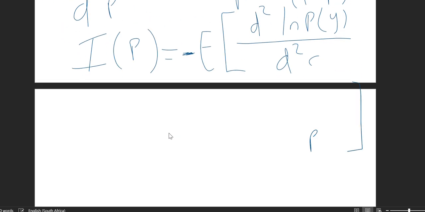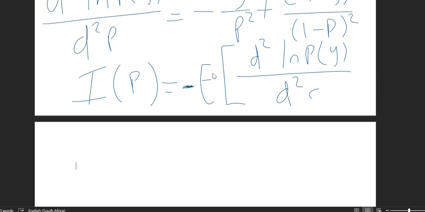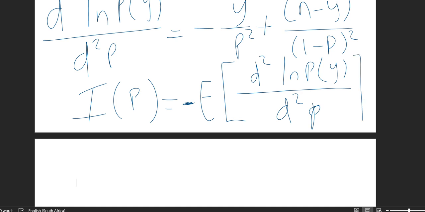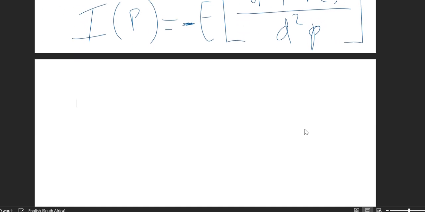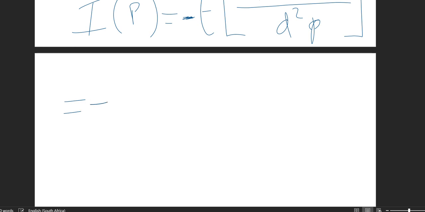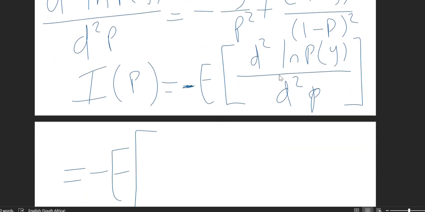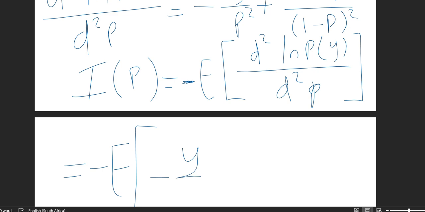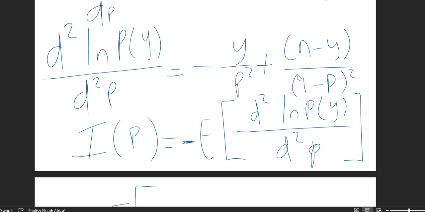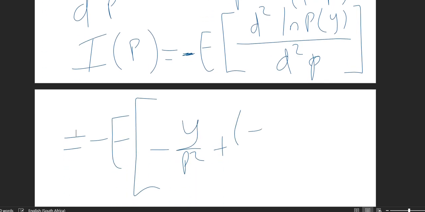Now this will be expected value of negative y divided by p squared plus n minus y divided by 1 minus p all squared.